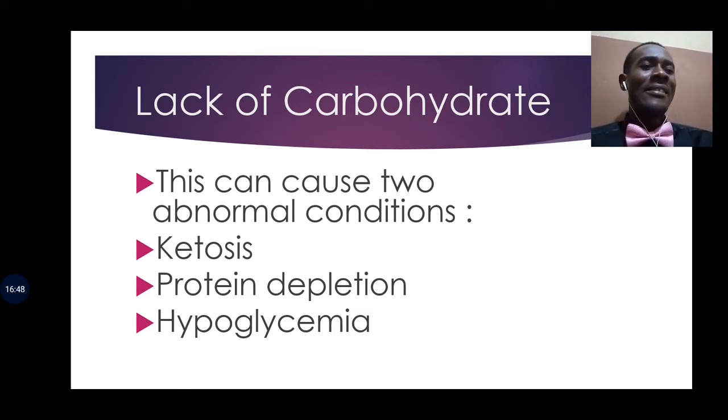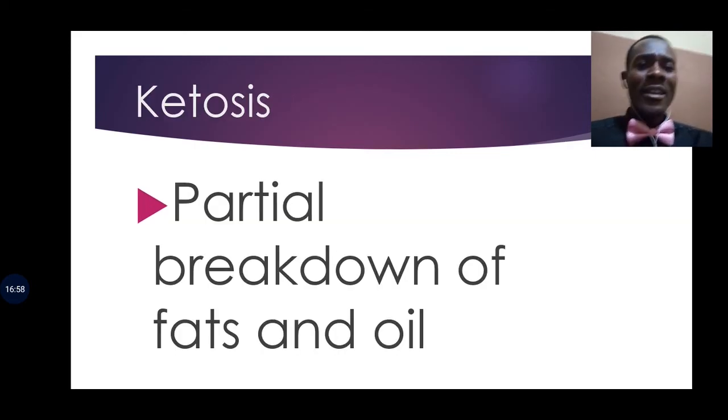Let's start with ketosis. Remember, these things are the deficiencies of carbohydrate, what it can cause in the body. The first one is ketosis. What does it mean? It means partial breakdown of fats and oil. In our previous class, I told you that from fats and oil, carbohydrate can also be gotten in the human body. When the body is lacking carbohydrate, it can visit the fats and oil stored in the body and begin to break it down in order to convert it to energy chemical compounds.